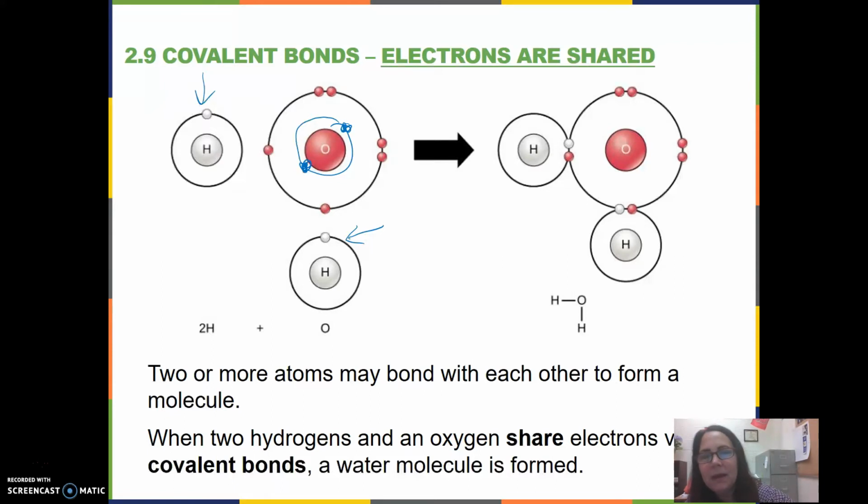So in order to become stable, hydrogen needs 2, and oxygen needs 8 in order to fill their valence shell. So what they do is they share. The hydrogen shares its electron with the oxygen, and the oxygen shares 2 electrons, one with each hydrogen, and that forms a covalent bond. When electrons are shared, it forms a covalent bond.